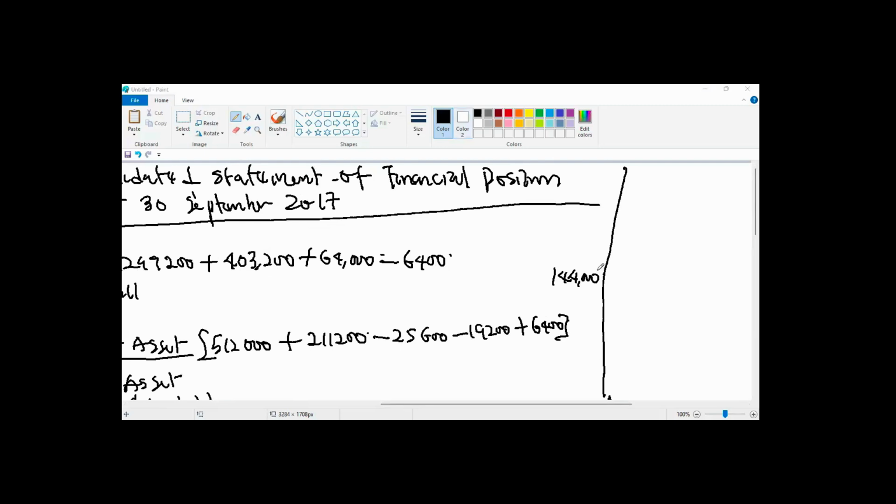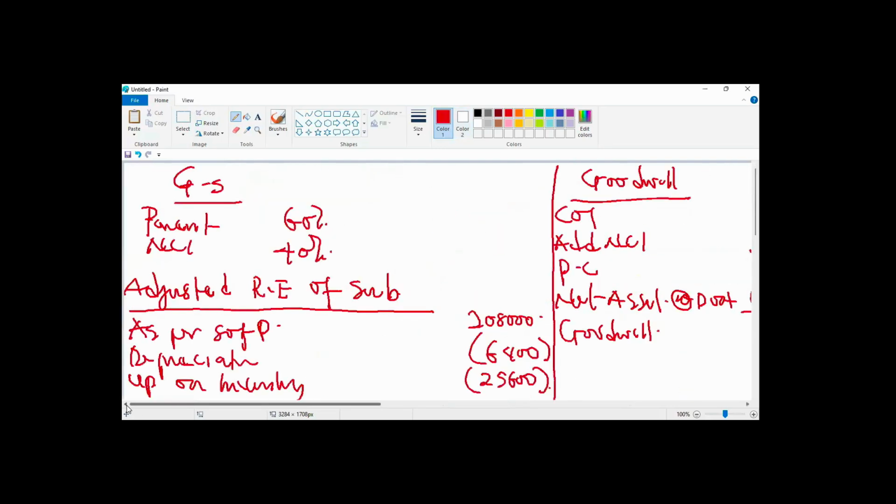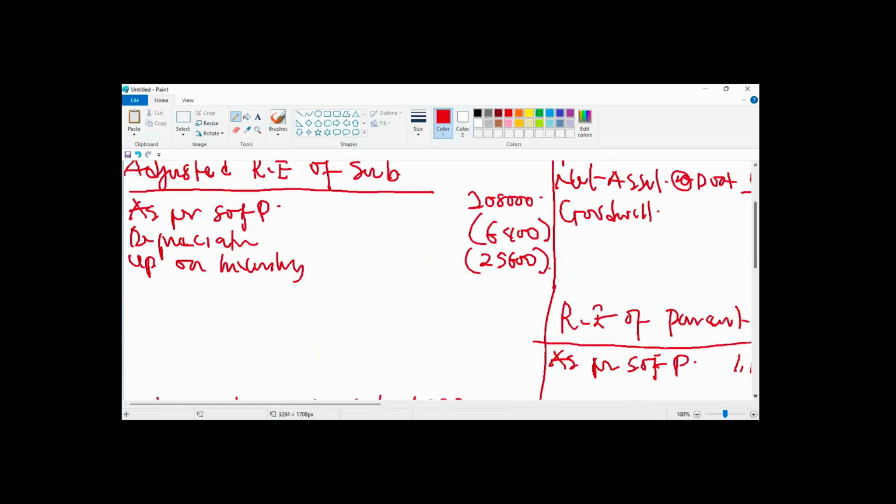What is the adjusted return so that I can bring it down? Just retained earnings of subsidiary. What does it give us? 176,000.